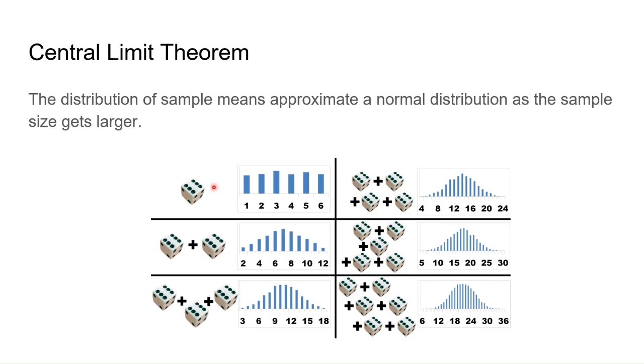The classic example is to roll a die. If we roll this die and note which face it lands on, and we do this 1,000 times, eventually we do it enough times that the answer will begin to form a normal distribution, which looks like this.